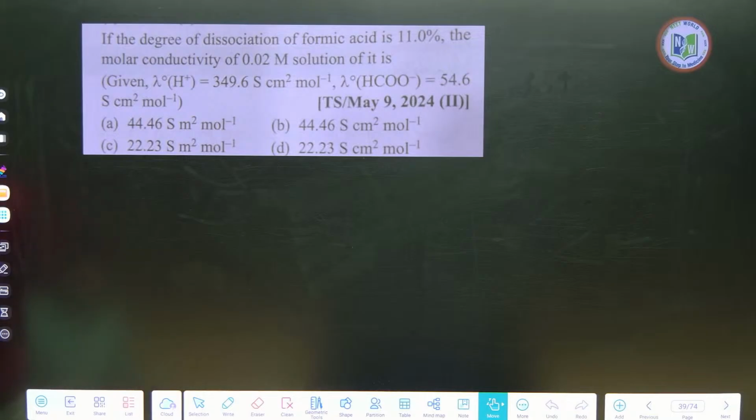If the degree of dissociation of formic acid is given, the molar conductivity of its solution is... very easy. Just a one step question it is.